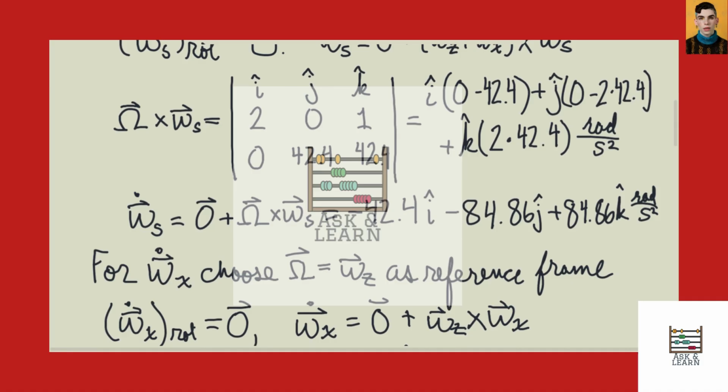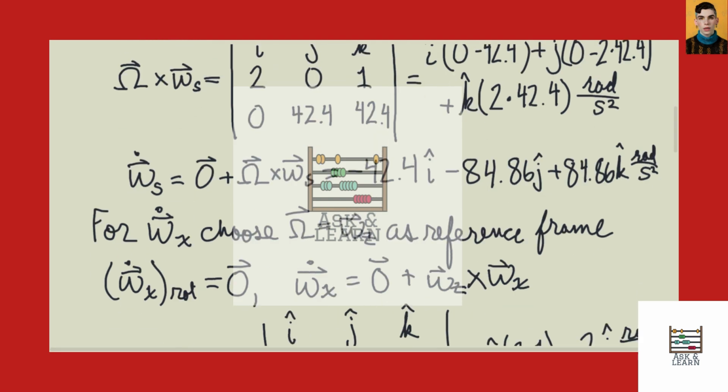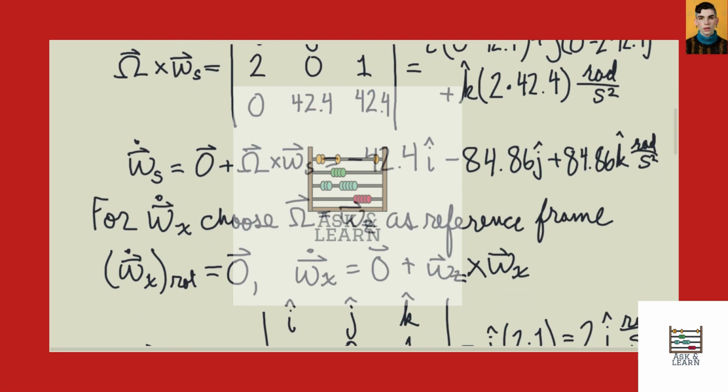Inserting those into the cross product matrix determinant operation, we are left with vector omega s dot equals negative 42.4 unit vector i minus 84.86 unit vector j plus 84.86 unit vector k. Those components have units of radians per second per second.